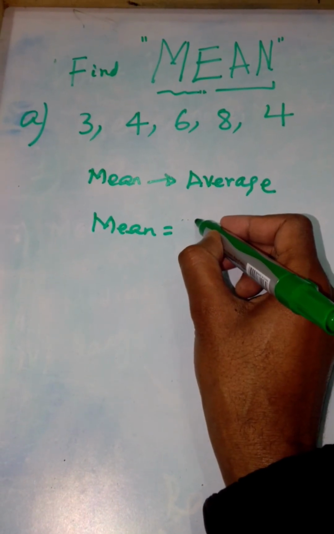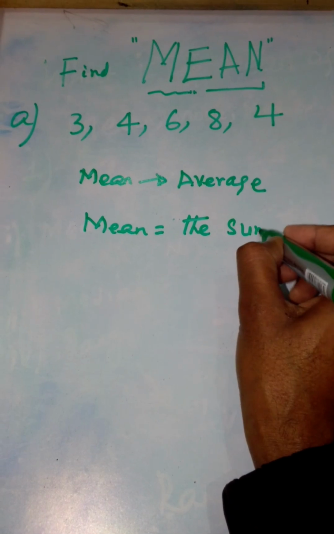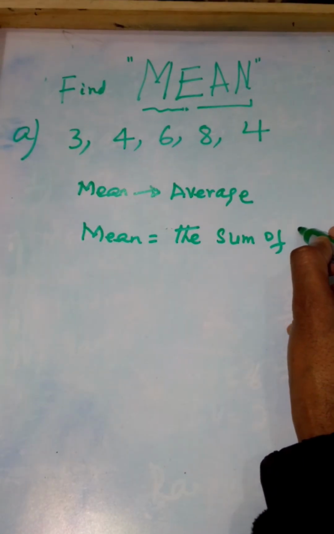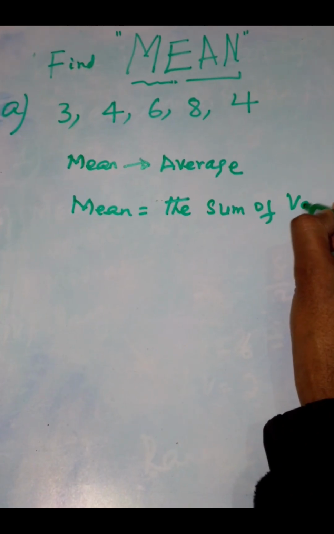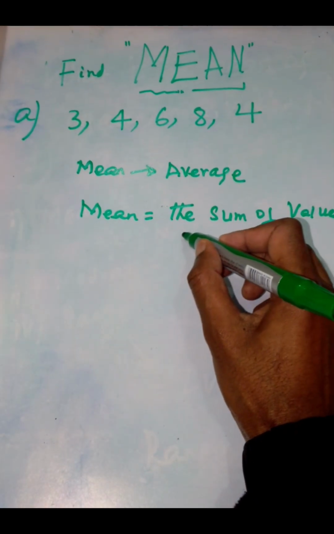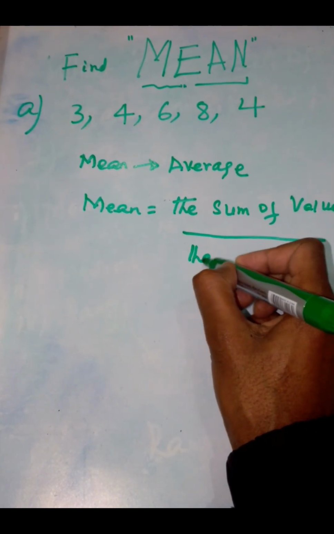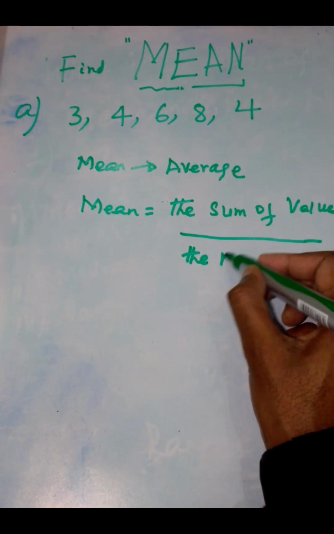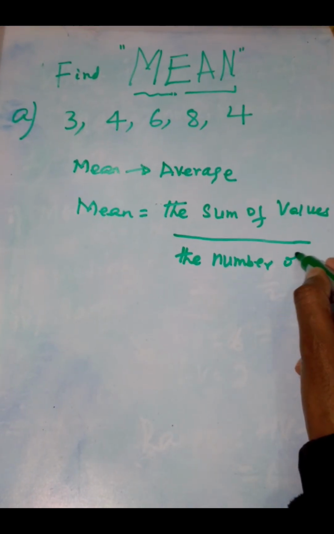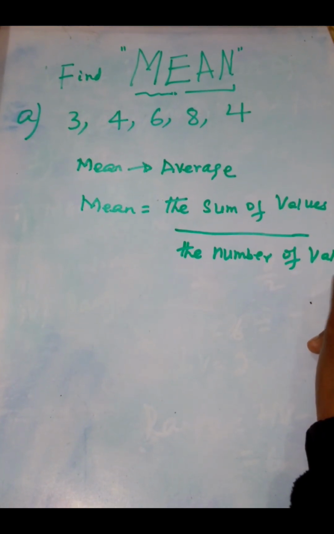Mean is equal to the sum of values divided by the number of values.